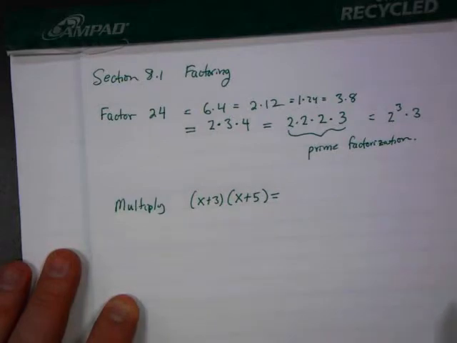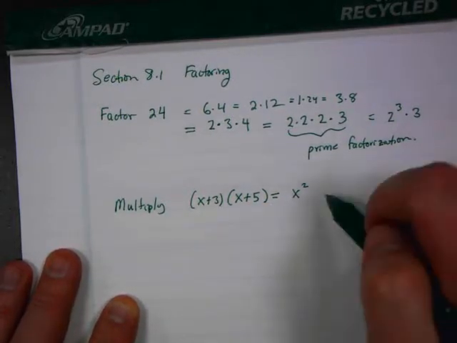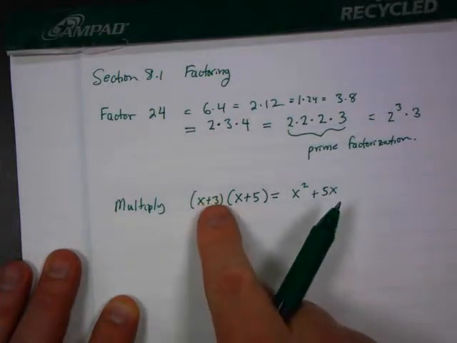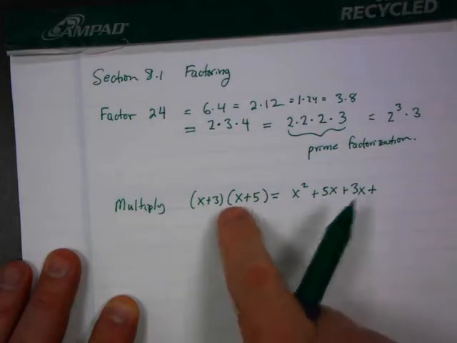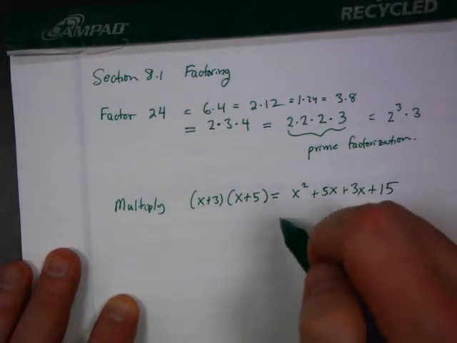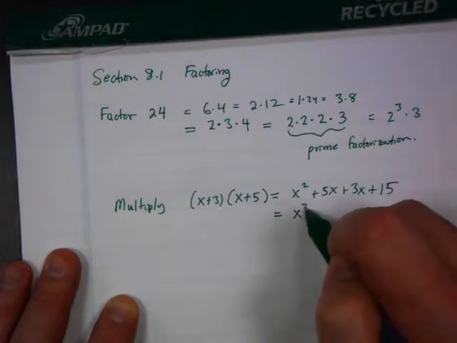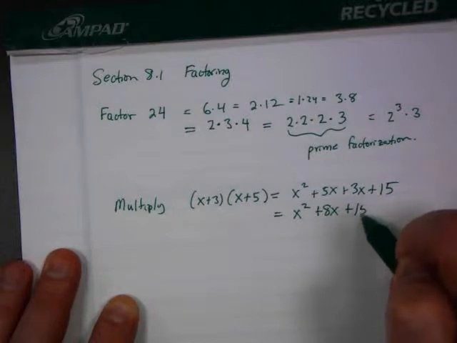X times x is x squared. X times 5, 5x. 3 times x, 3x. And finally, 3 times 5, 15. And then what would you do? Combine your like terms. So you would have x squared plus 8x plus 15.